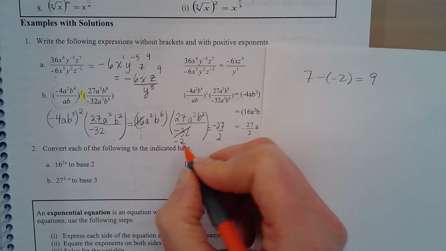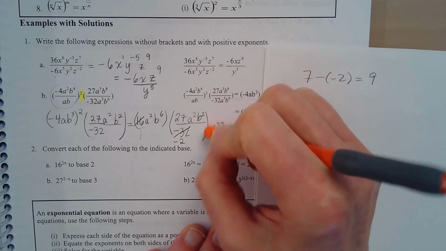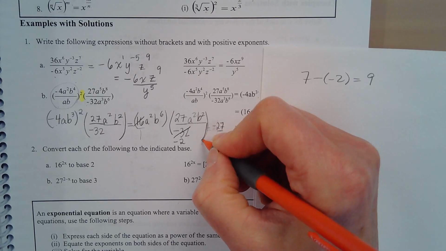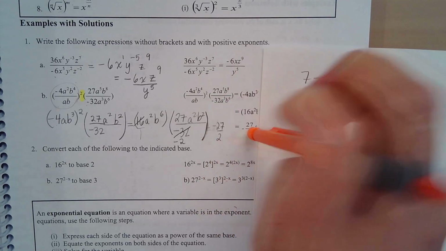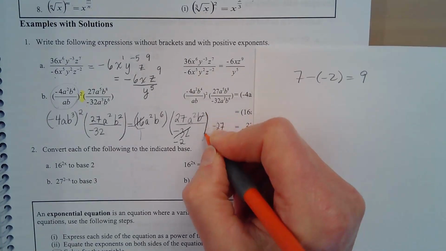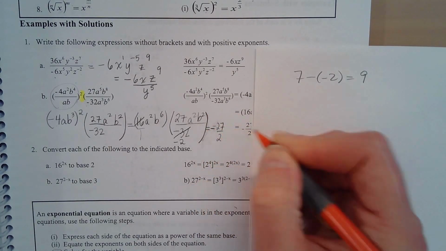Because it doesn't matter where the negative goes. It's actually better just written out to the side because it belongs to both of the numbers, right? It belongs to the fraction. 27 over 2 represents one number, right? It's 27 divided by 2. So I'm going to put the negative sign right out here where it should be.